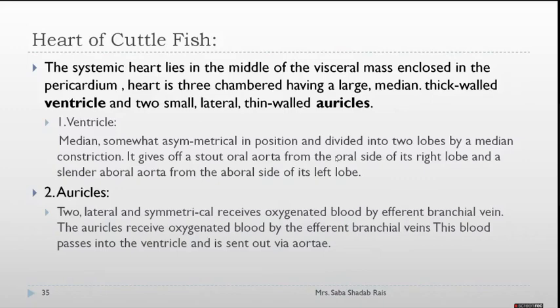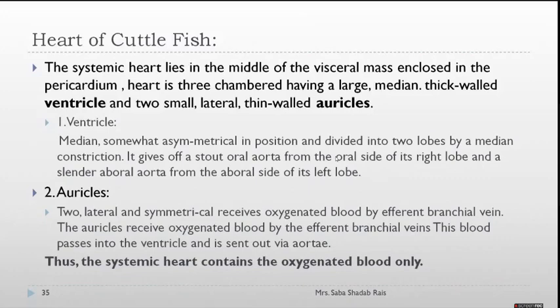The auricle receives oxygenated blood and passes it into the ventricle, and from the ventricle it is sent to the aorta. See, the pathway should be remembered. Oxygenated blood comes from the efferent branchial vein, from the auricle the blood goes to the ventricle, and from the ventricle we have the two aortas, the oral aorta and the aboral aorta. So overall, we can see the systemic heart is related to oxygenated blood only.